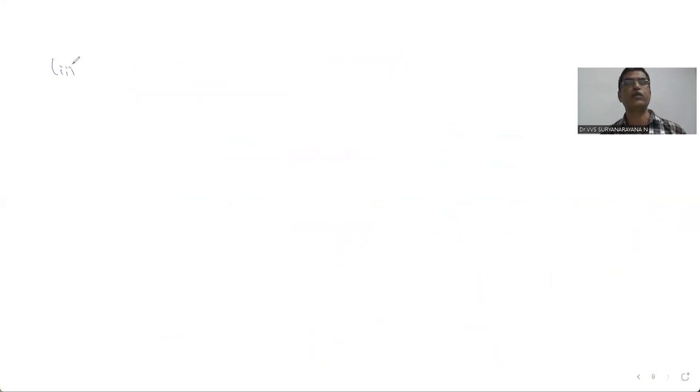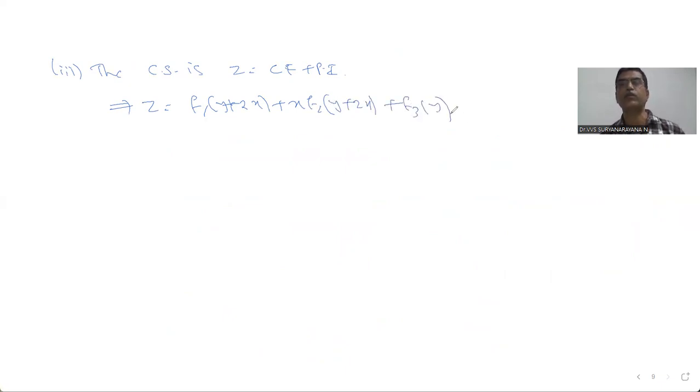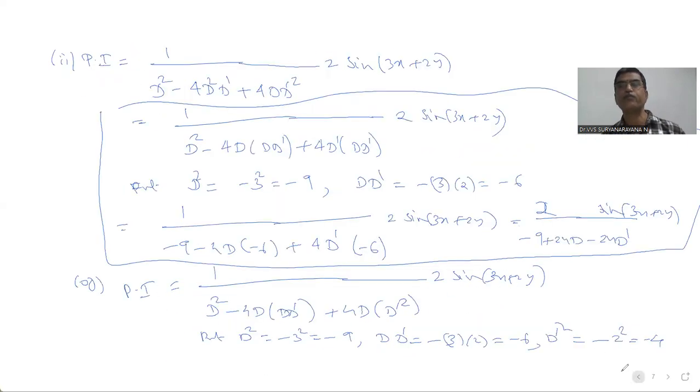So the step number 3 is the complete solution is given by z equal to CF plus PI. That means z equal to some function of y plus 2x, f1 of y plus 2x. We already calculated this in step number 1. Just go back and check. x into some function of y plus 2x plus f3 of y. This is what we calculated in step number 1. If you want, you can check once.